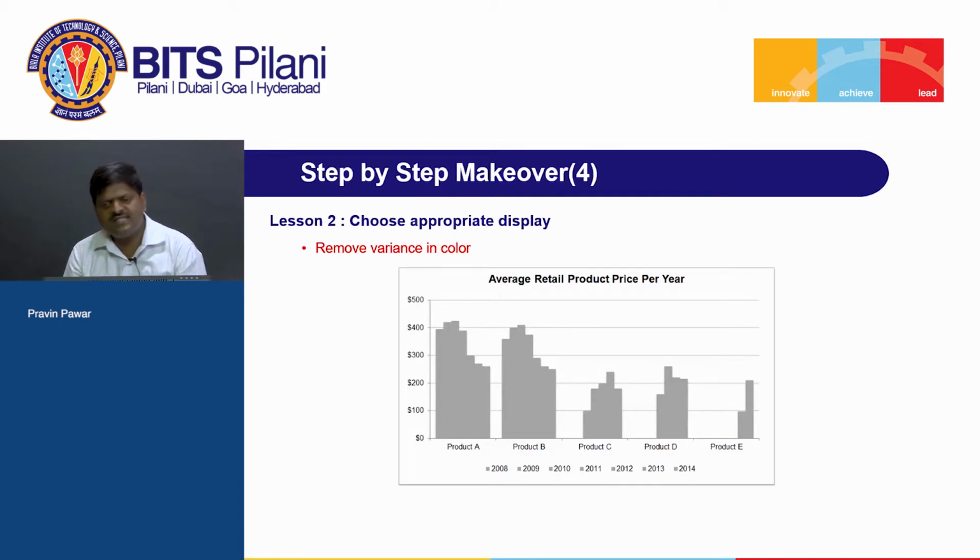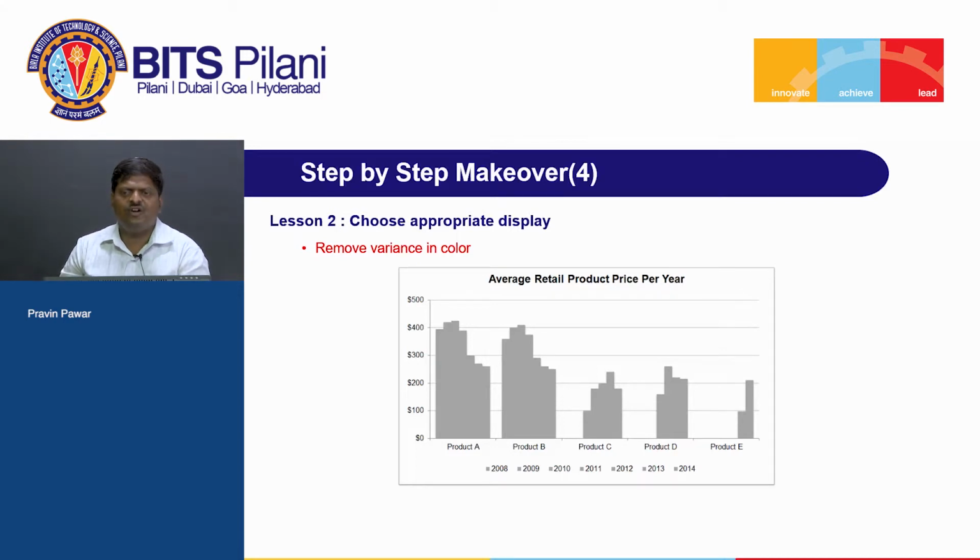Okay, so now first thing, what change have we made? If you have seen the earlier visualization properly, different colors were used for each of the bars on that particular visual. Each bar was showing the average price for that particular product for a particular year, right? So every color, every bar was fighting to get my attention.